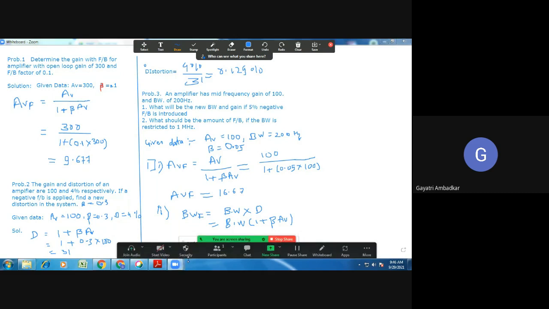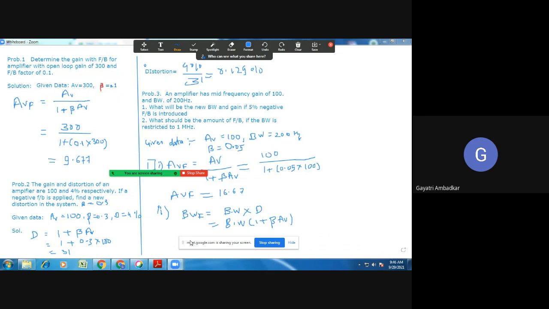So what is the new bandwidth? What is the old bandwidth? 200, meaning the bandwidth without feedback. That is 200 hertz. Okay, please change this to 200 kilohertz. This is very less bandwidth. 200 kilohertz.